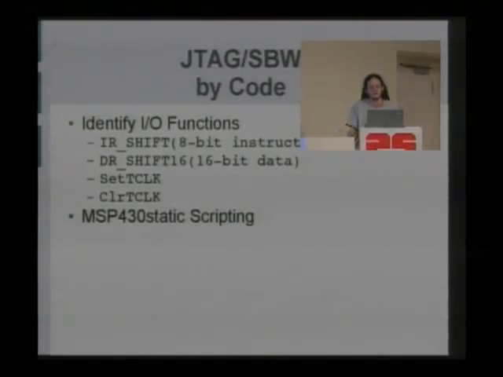So if they can be identified within the firmware image, you could write a script for the reverse engineering tool that runs through and identifies, say, every instruction that might be shifted in. And then you've got a list that you can check off in your recordings. So if you know that, say, 37 instructions exist, then if you found 35 of them, you know that 2 remain and you know which 2 remain.